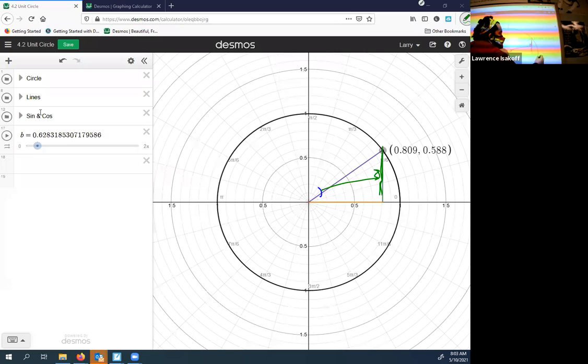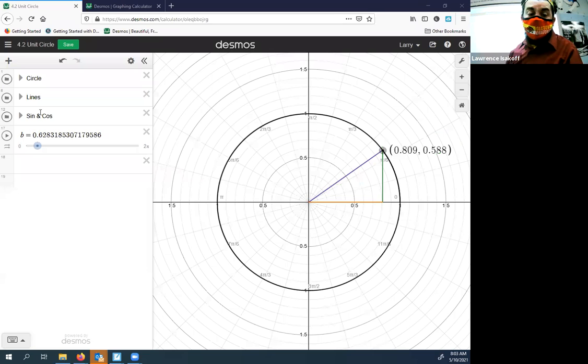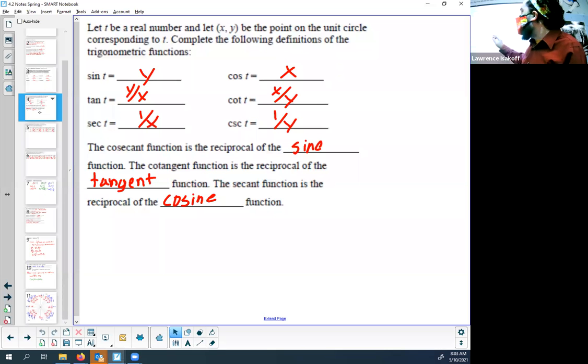Green is my y value, so that's sine. My orange right here, that would be cosine. So x values correspond to cosine, y values correspond to sine.